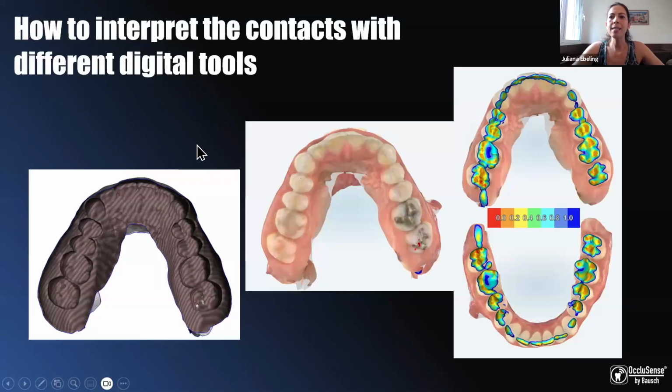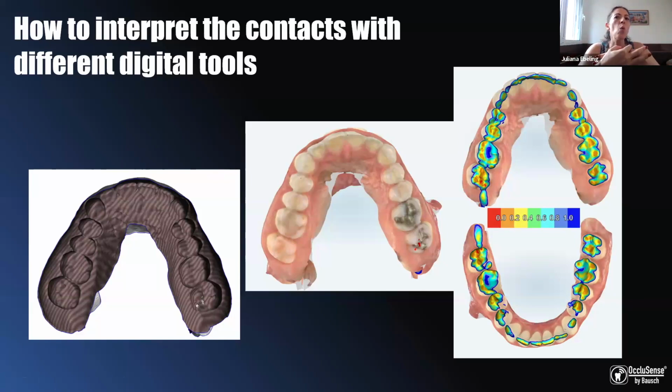Many colleagues asked me, why do I need an OccluSense if I have a scanner that brings me an occlusogram and I have the contacts? And what is very, very important to understand is that they are not competitors, they are complementary.